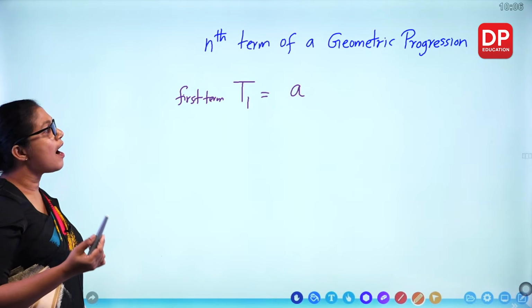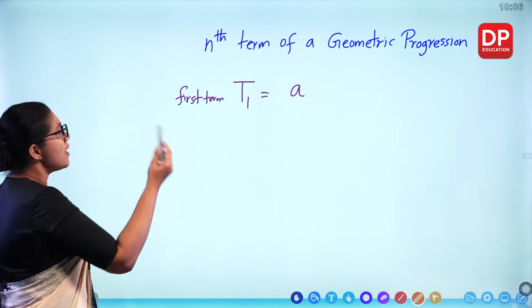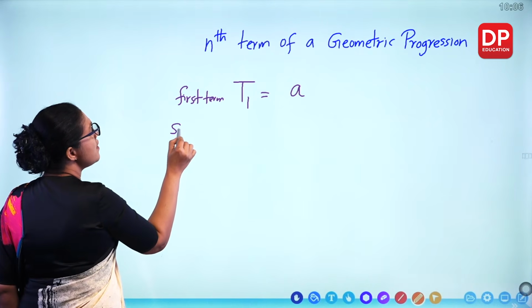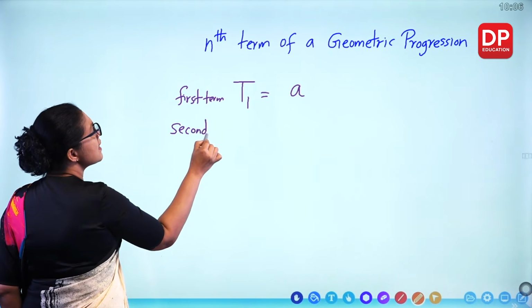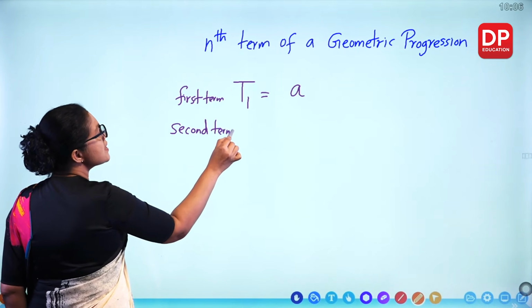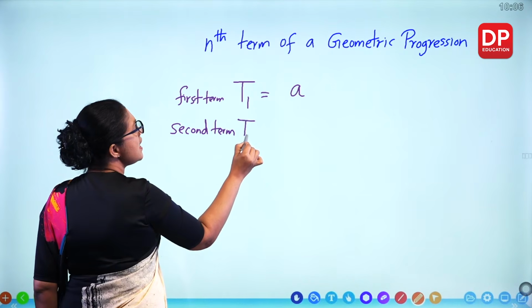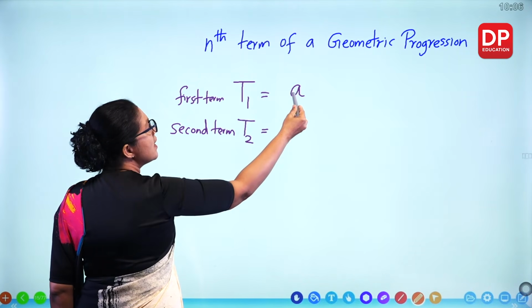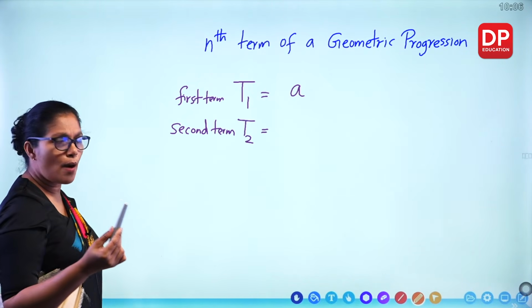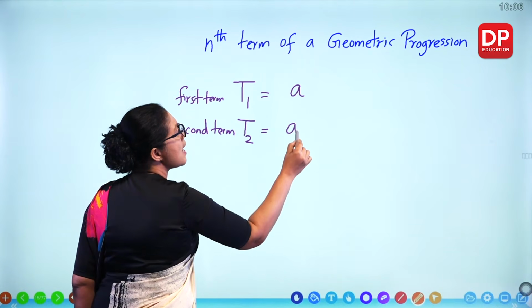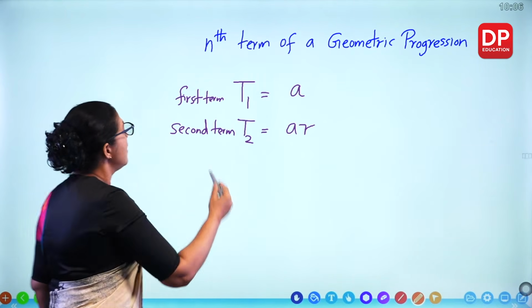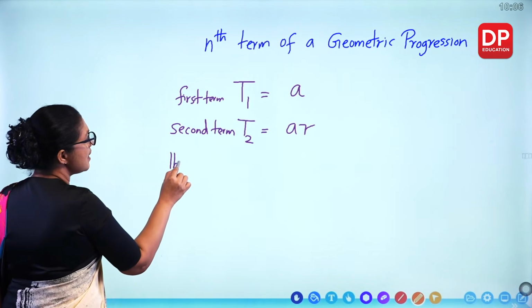I can take R as the common ratio. If I take R as the common ratio, what's the second term? Second term I can write T2. Multiply the first term by the common ratio: A times R, AR.